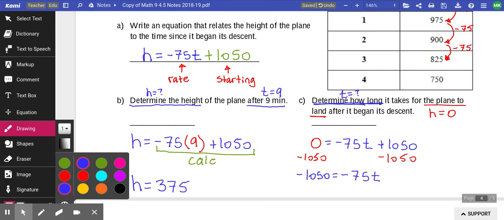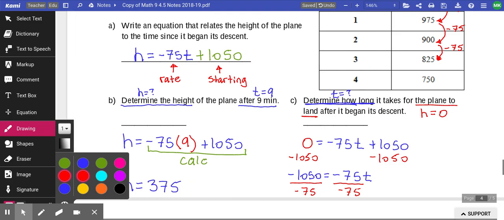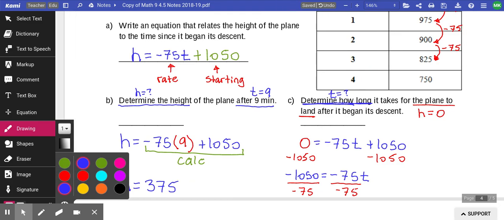That negative 75 is being multiplied by t. So the opposite of multiplication is division. So now I divide both sides by negative 75. If you do that, you get an answer of 14. You get 14 equals t. That's how long it takes for the plane to land.